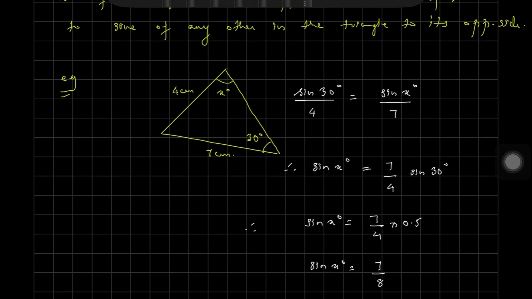Always remember that the negative 1 is not a power. So that becomes sine inverse of 7 over 8. Now take your calculators and try to see what could be the value for sine inverse of 7 over 8.